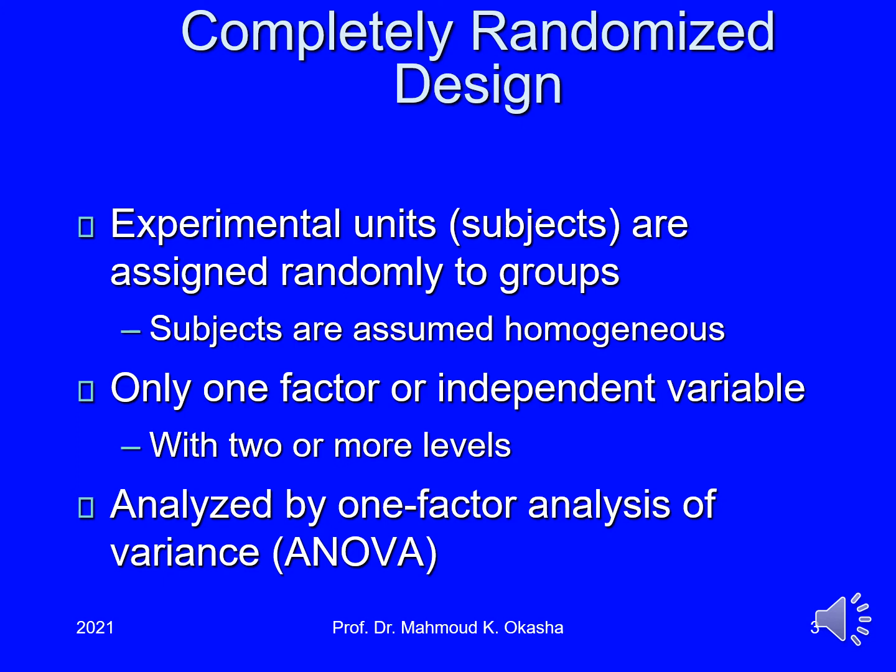So subjects are assumed homogeneous. What do we mean by homogeneous? We mean that they have the same variance. We do not expect one piece of land to have very high production, and another piece of land which is given the same treatment to produce a very small amount of production.